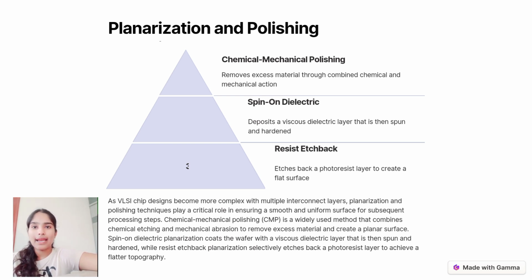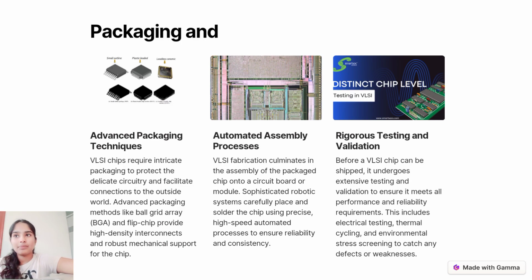Spin-on dielectric planarization coats the wafer with a viscous dielectric layer that is then spun and hardened, while resist etchback planarization selectively etches back a photoresist layer to achieve a flatter topography.